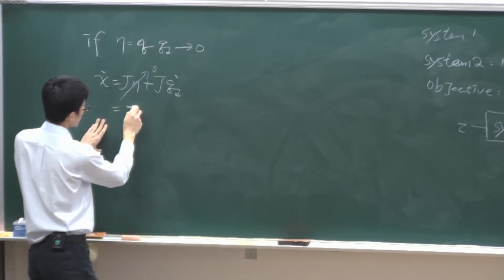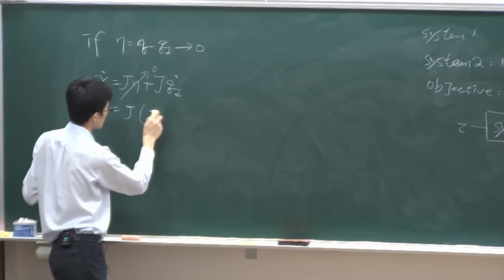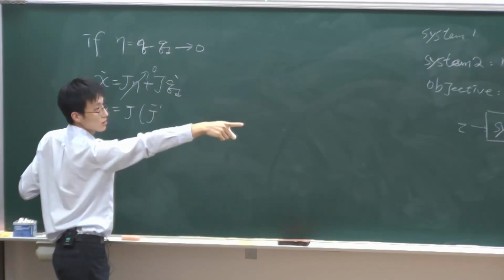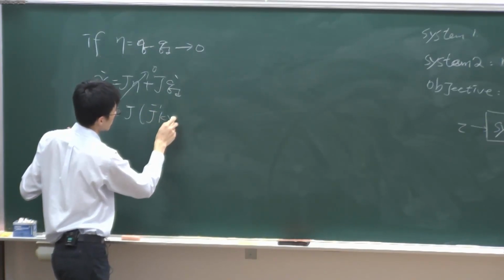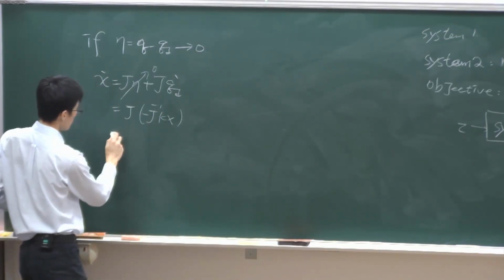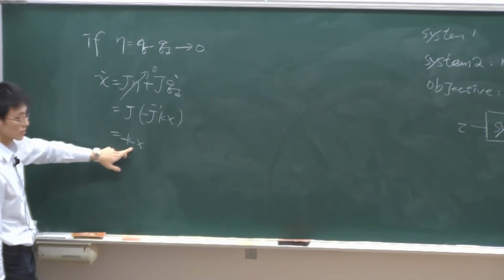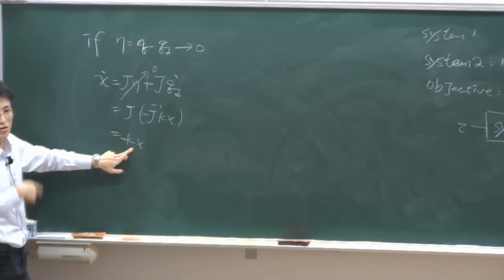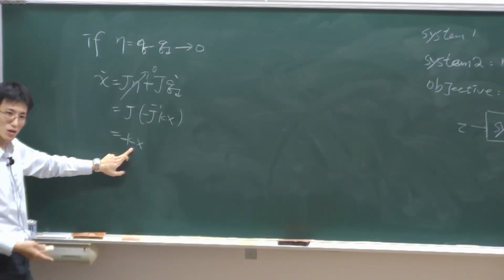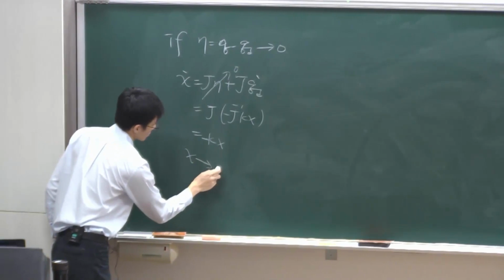By design, you design it as J inverse Kx minus, so it's minus Kx. So x dot equals minus Kx. That means it's globally exponentially stable, which implies x will converge to 0.